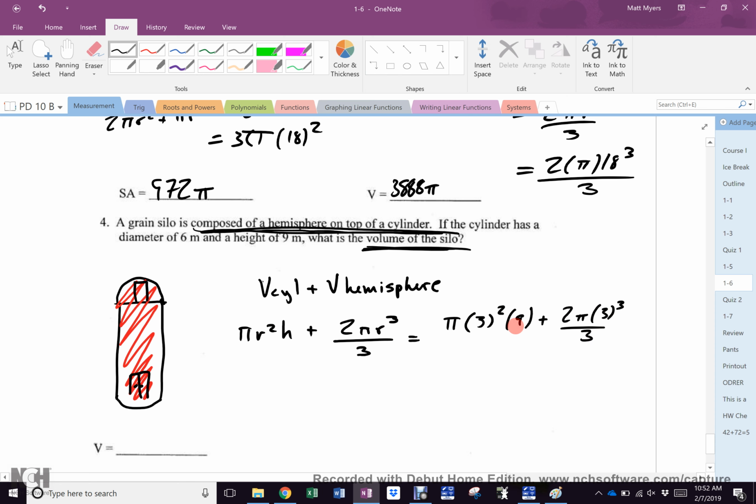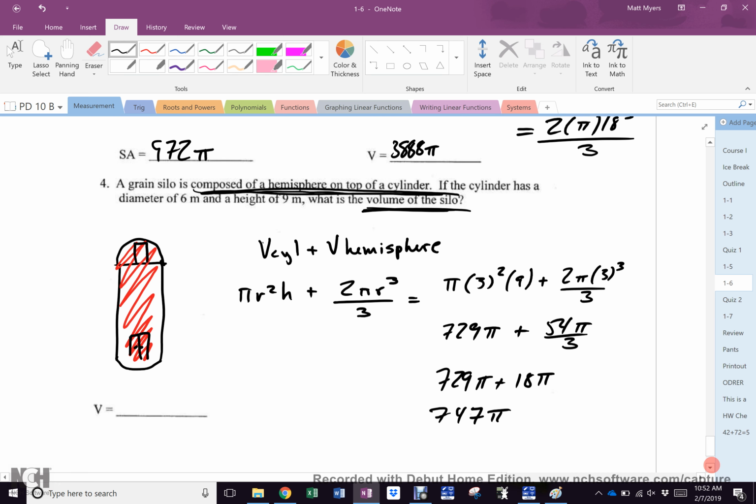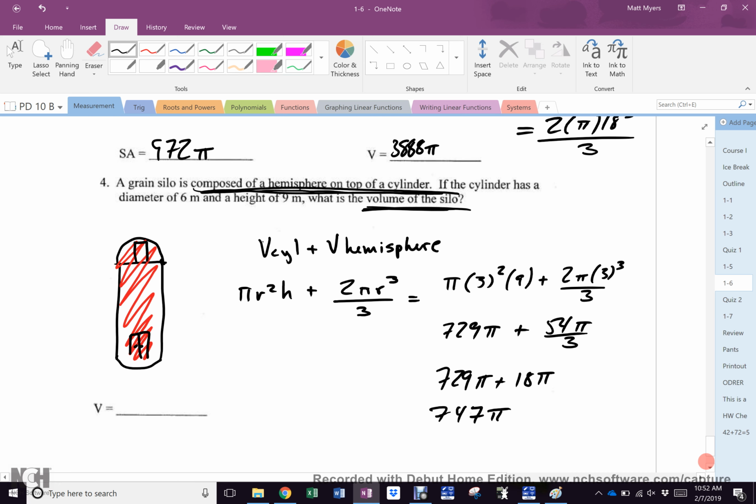That is 81 times 9 is 729 pi plus 27 times 2, 54 pi over 3. 54 divided by 3 is 18. 729 pi plus 18 pi is 747 pi. Or about 2,300.